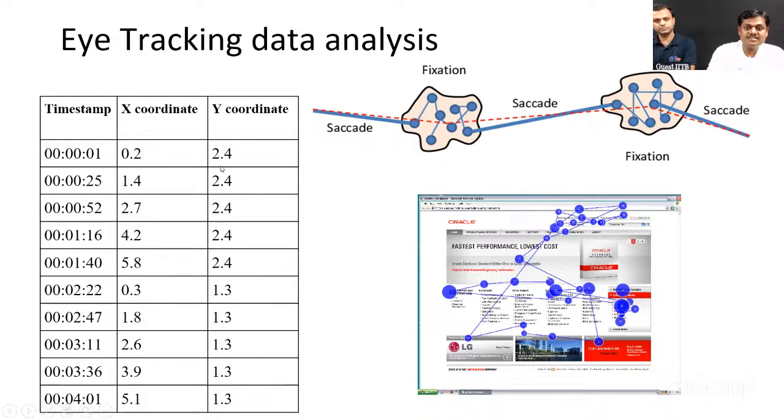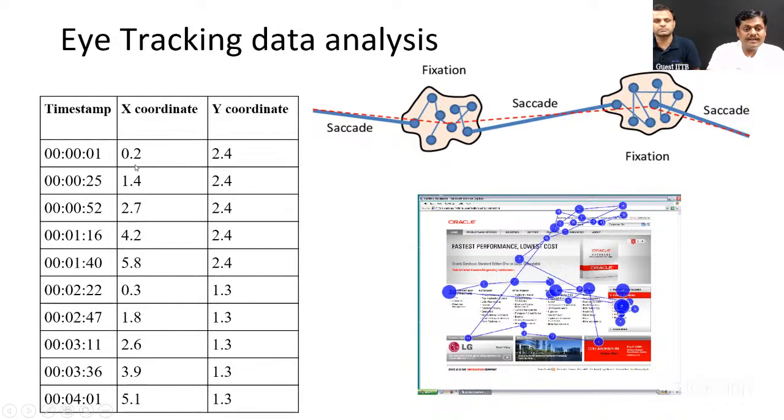In this case, we can say that the learner was fixated, say these are the milliseconds, from 0.1 millisecond at this coordinate, x coordinate 0.2 and y coordinate 2.4, and till 25 milliseconds the learner was on that first AOI only.